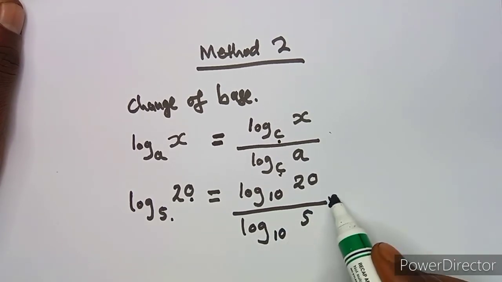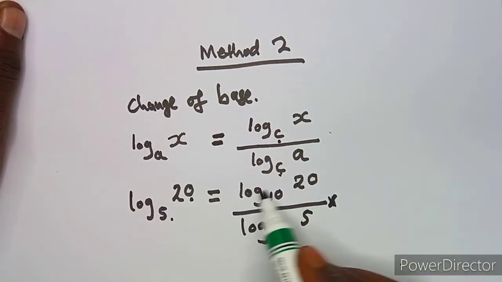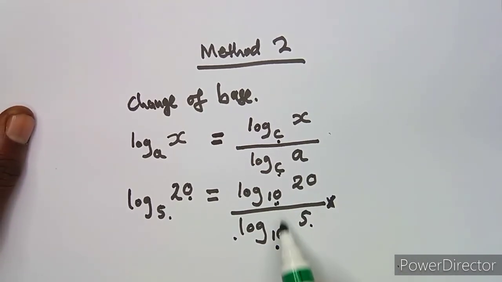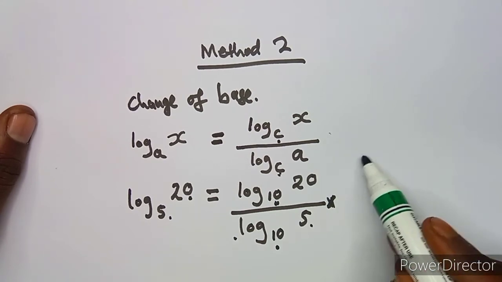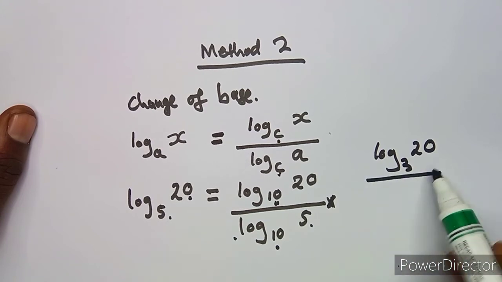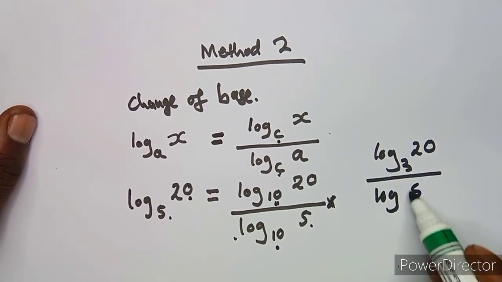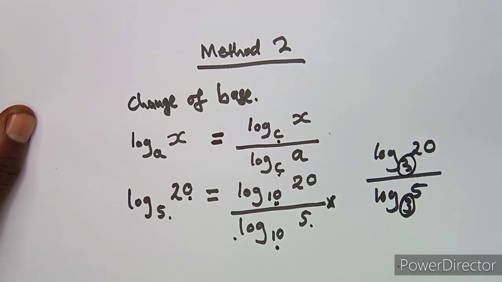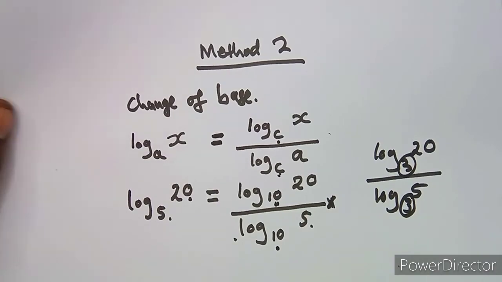That is the change of base. So it's log 20 in base 10 over log 5 in base 10. So this 10 is any base you choose. Someone can write this as log 20 base 3 over log 5 base 3, as long as these two bases are the same. That is what you can do. Okay, so simple, I think.